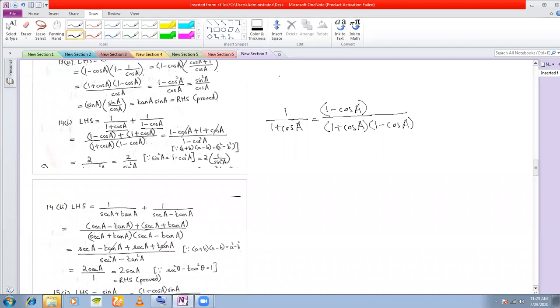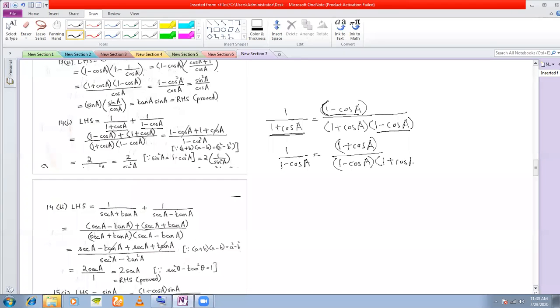So whenever I see a 1 plus cos A or a 1 minus cos A in the denominator, I am always tempted to multiply. If I see a 1 plus cos A, I am tempted to multiply the numerator and denominator by 1 minus cos A. If I see a 1 minus cos A, then I am tempted to multiply the numerator and the denominator by 1 plus cos A. Sir, what is the purpose of doing this?